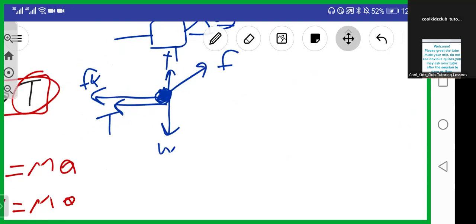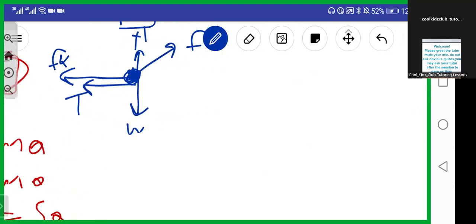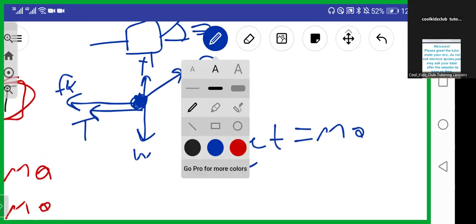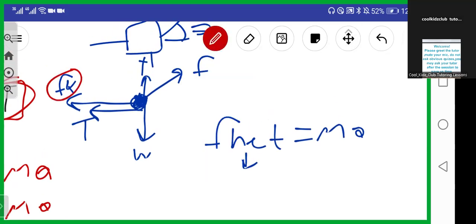So in that way, now that we have our diagram, we will say F net will be equal to MA. Now we have to break the F net into its components by using only the horizontal forces. Now you may ask, why are you considering the F to be one of the horizontal forces? Hence, it looks like it's looking upwards.